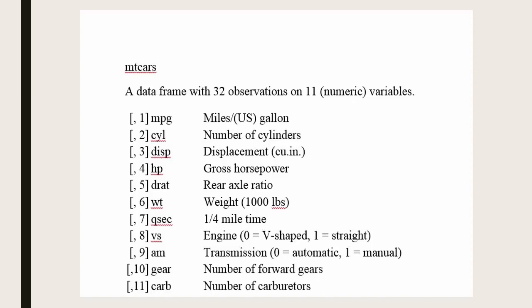The data was extracted from the 1974 Motor Trend US magazine and comprises fuel consumption and 10 aspects of automobile design and performance of 32 automobiles, 1973 to 74 models. Here the first variable is the response variable, the remaining 10 variables are explanatory variables, and we consider only 32 observations.